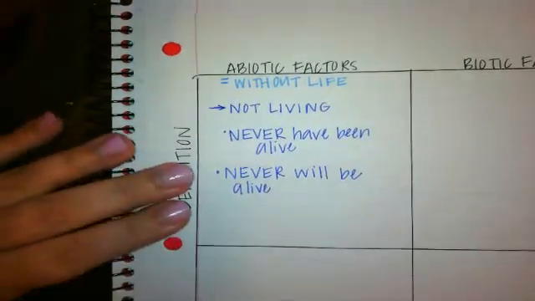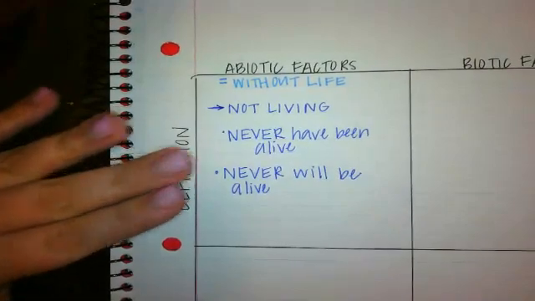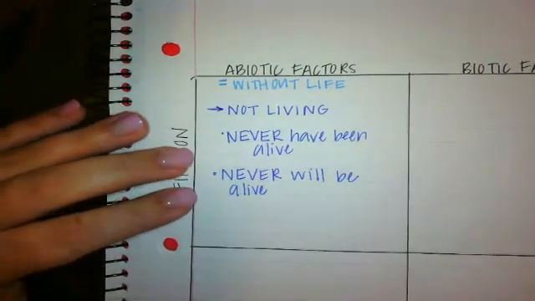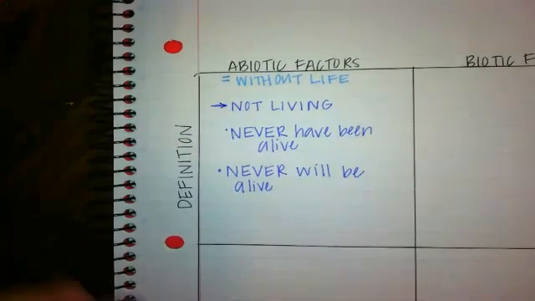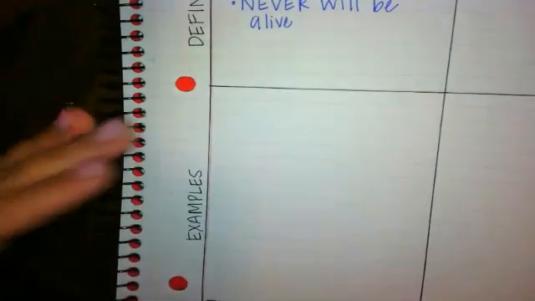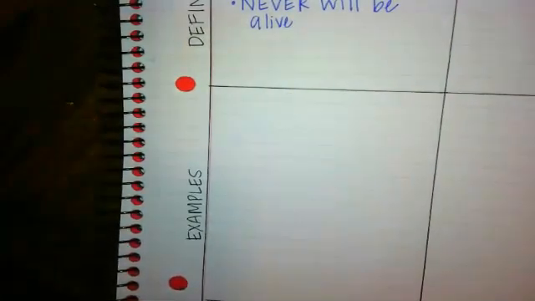I know that seems really repetitive and redundant, but I promise you it is important. Then we're going to do some examples. I want you guys to be thinking of some things that are not living. We have a couple different categories that are going to fall into the non-living or abiotic factors.